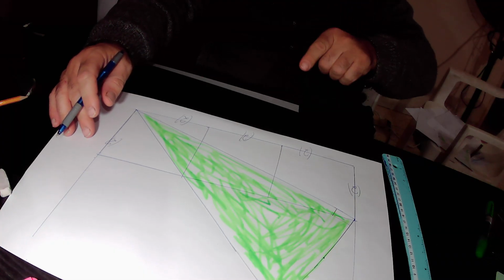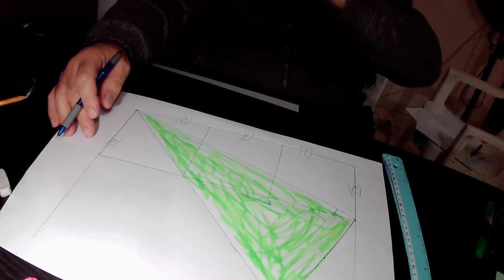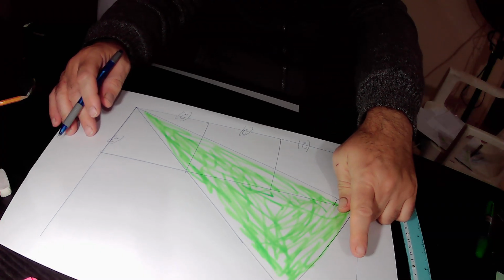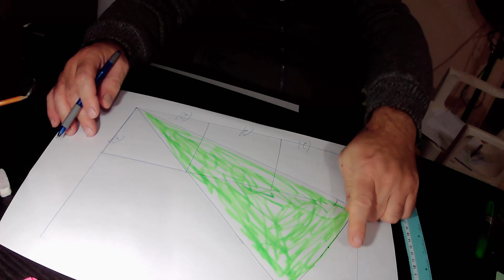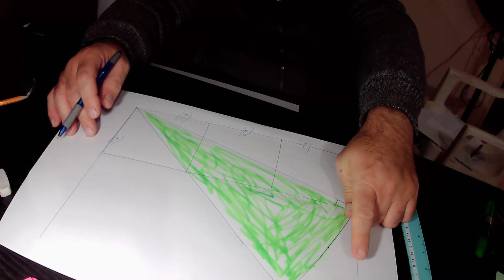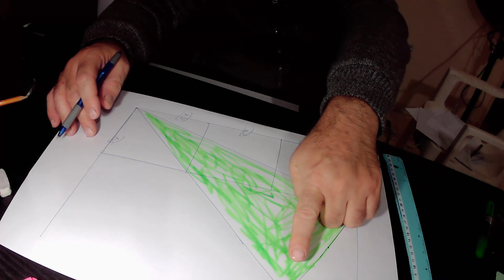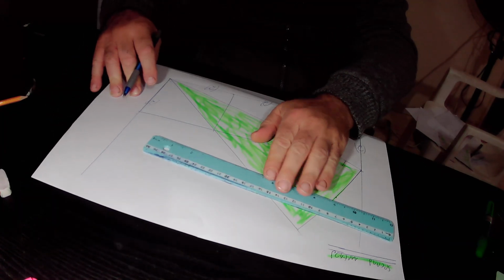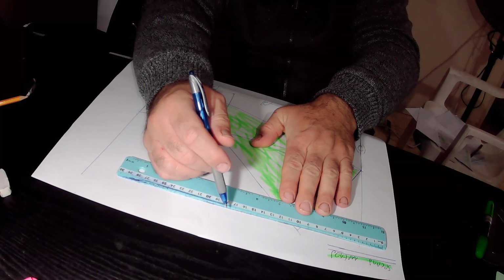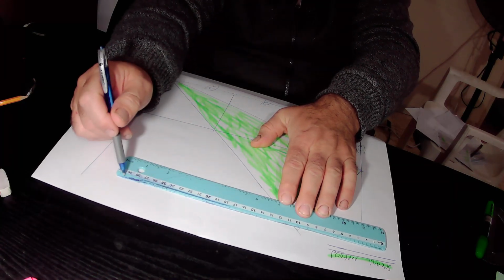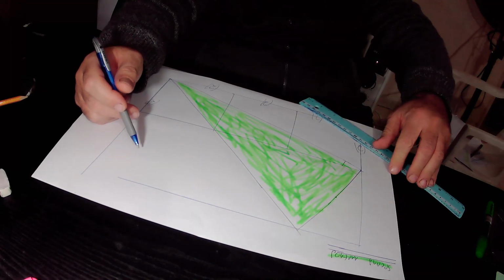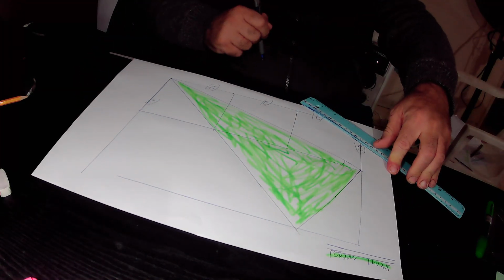In the next step, we will create a perpendicular on this straight line in such a way that it will pass through this vertex, the vertex of the right triangle.